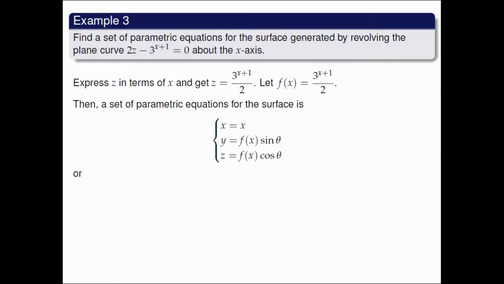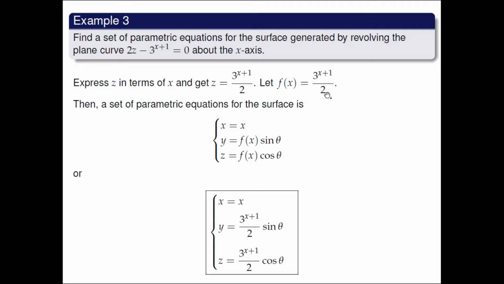Since f of x equals 3 raised to x plus 1 all over 2, we get these parametric equations. x equals x, y equals 3 raised to x plus 1 over 2 times sine theta, z equals 3 raised to x plus 1 over 2 times cosine theta.